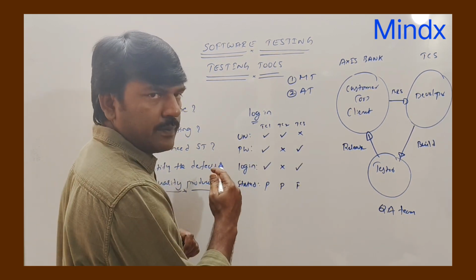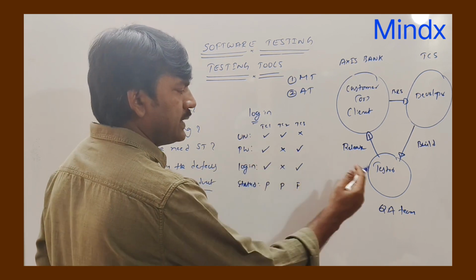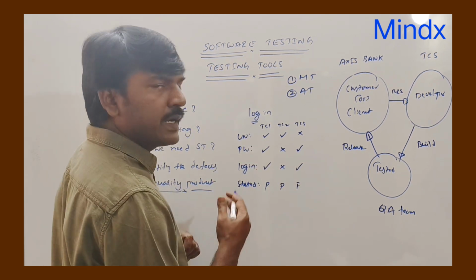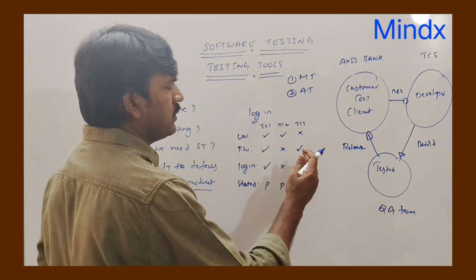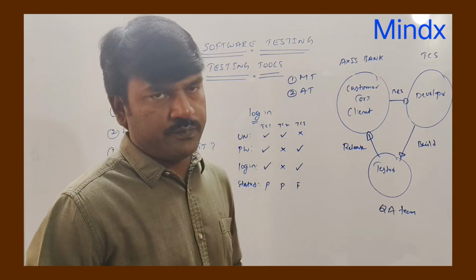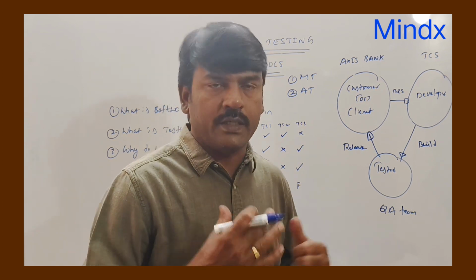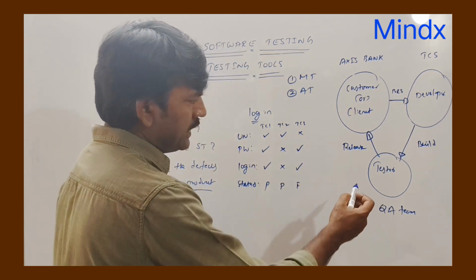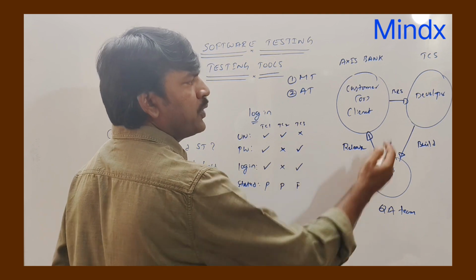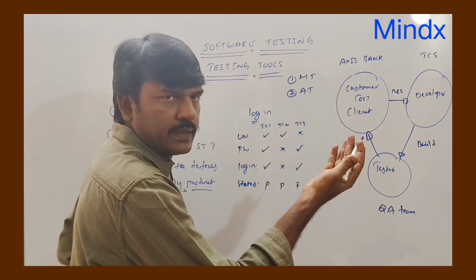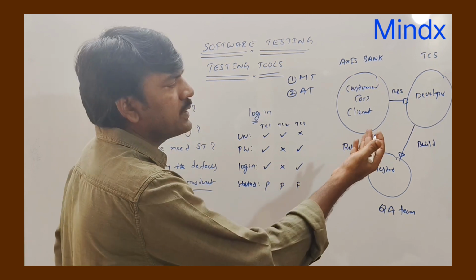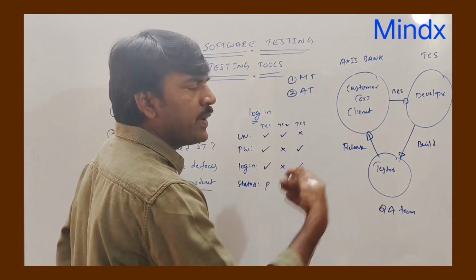That time, this testing team member is reporting to the developer: hey, username code is wrong, you can correct that one. So one of our testing team members is reporting to the developer. That time, that will be modified. So once again, we are conducting the retest on the modified build.